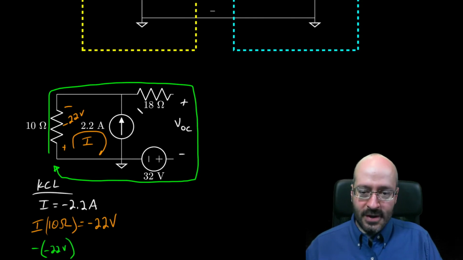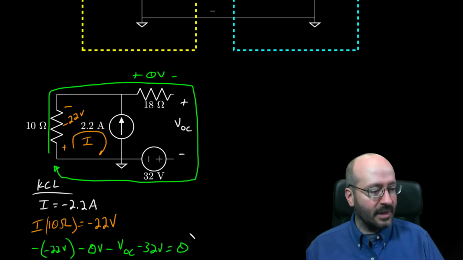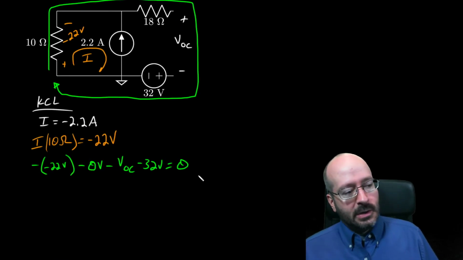Okay, over here we know it's 0, right? That's 0 volts because there's no mesh. So I'll say that we drop 0 volts. We could rise 0 volts, but really doesn't matter. Next we drop across VOC, and now we drop across the 32 volt, and we're back to where we started, so that's equal to 0.